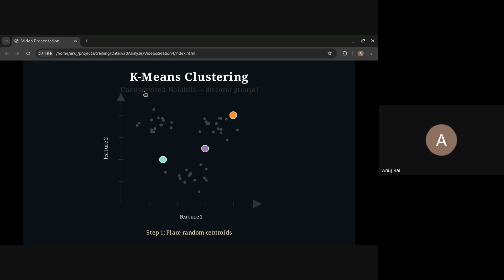Those are called unsupervised learning, because we don't have labels; we have to discover the groups.